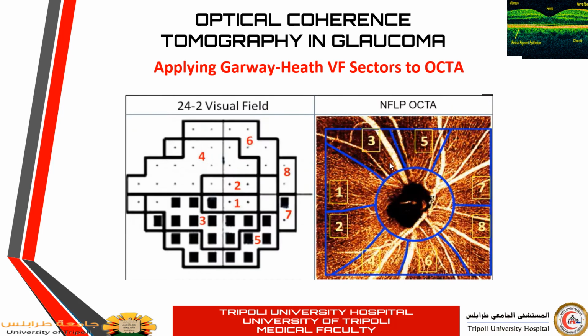The density of the capillaries at these areas, the peripapillary area, determines the percentage of capillary loss, and this percentage is then converted to the equivalent decibel so that we can compare it with the visual field. This picture shows you how the different sectors around the optic nerve have been divided into 8 sectors and the corresponding area of the visual field that each represents.